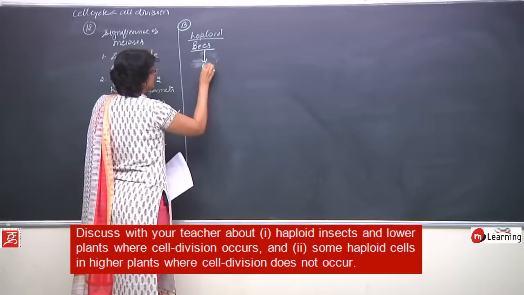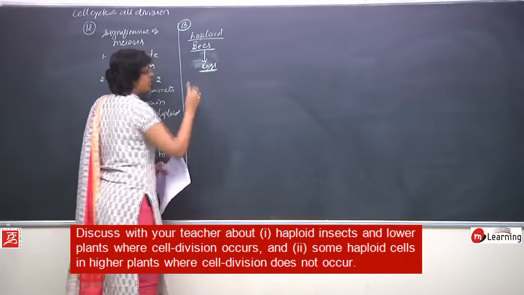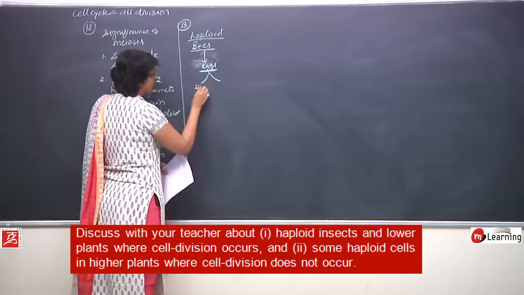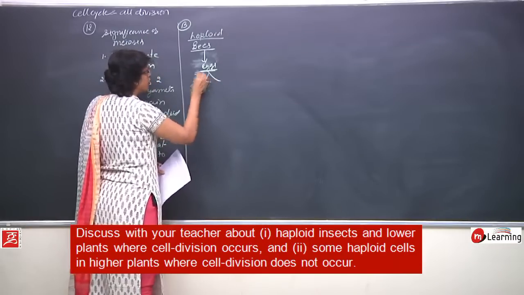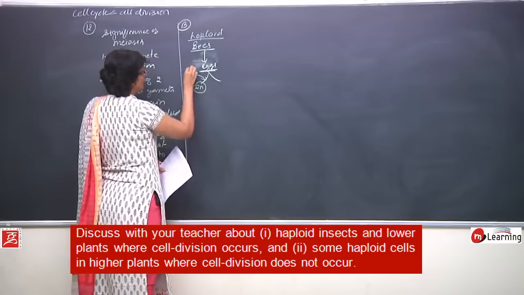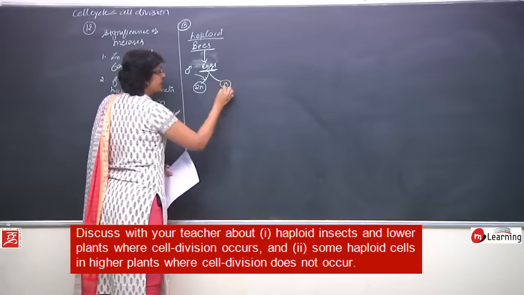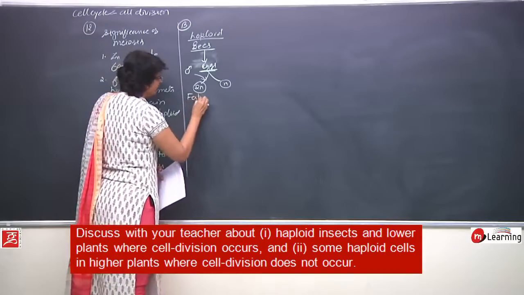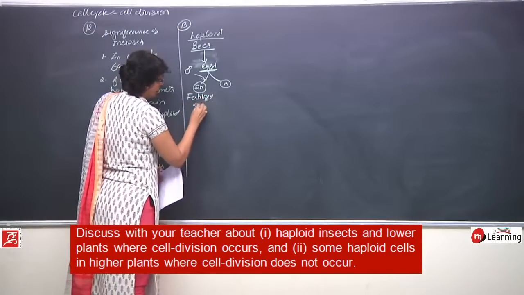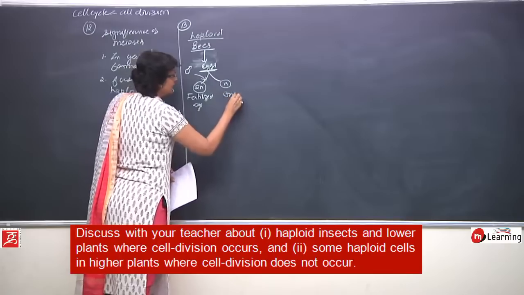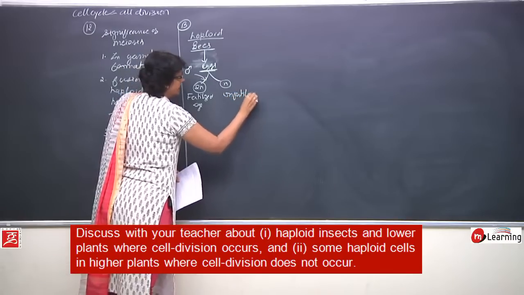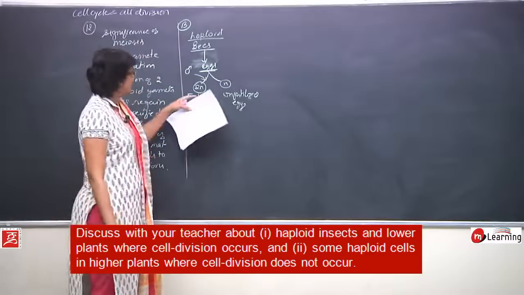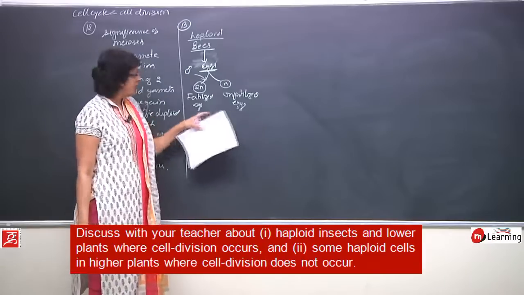When they lay eggs, these eggs can either be fertilized or unfertilized. If eggs get fertilized, they become diploid because the male gamete also comes, and some eggs remain haploid, unfertilized eggs. So there are 2 types of eggs produced by these bees, fertilized and unfertilized.